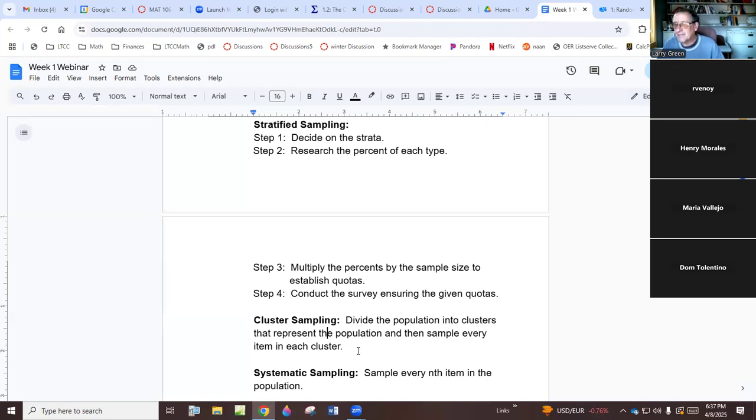But you can literally get a map of the Sierra Nevadas, and then you put little squares throughout the Sierra Nevadas, each one an acre in terms of the size of the square. And then you pick representative acres.